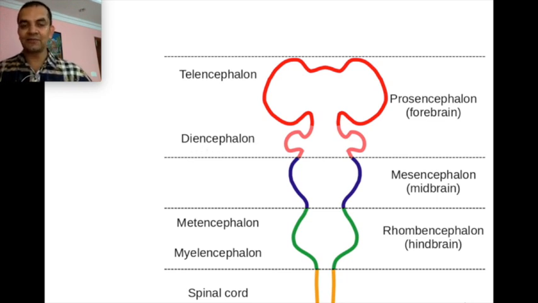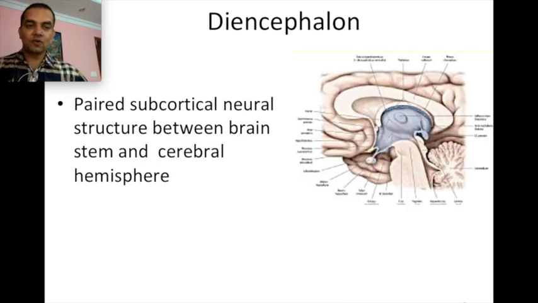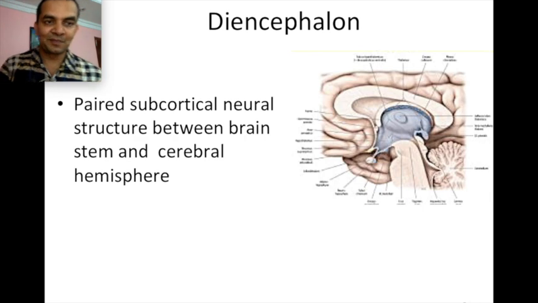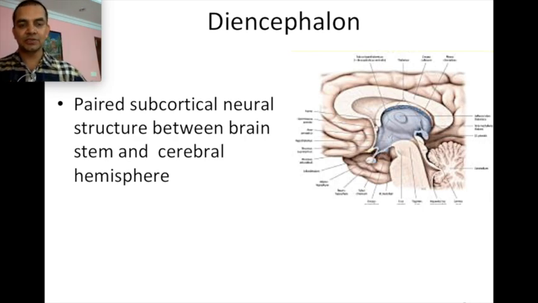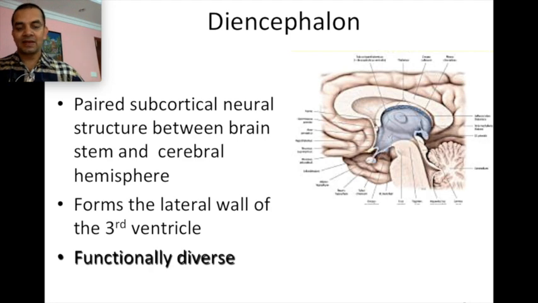It can further be divided into many parts. The diencephalon consists of paired subcortical neural structures between brainstem and cerebral hemispheres. They form the lateral wall of third ventricle on either side, and functionally it has many diverse roles.